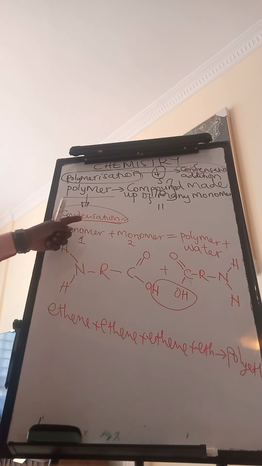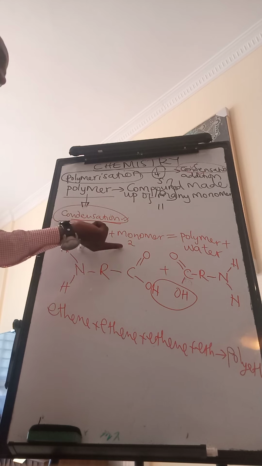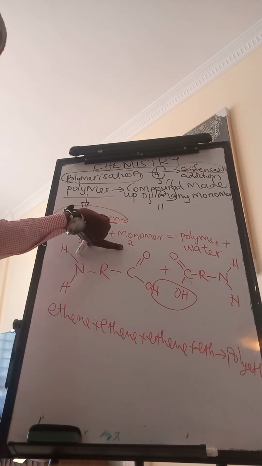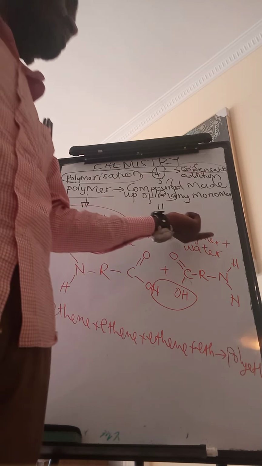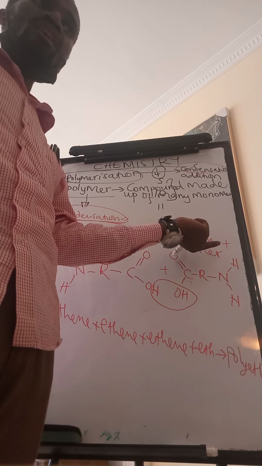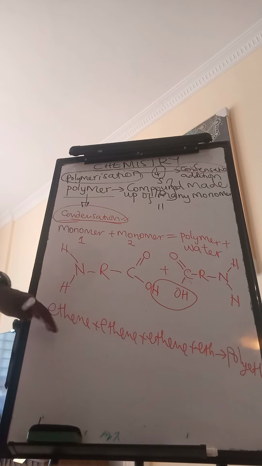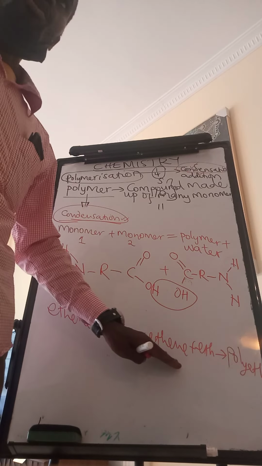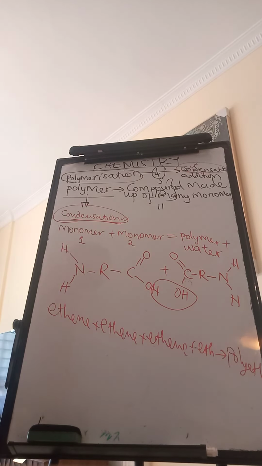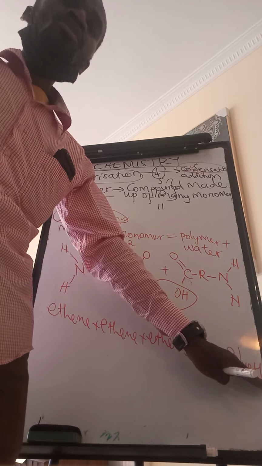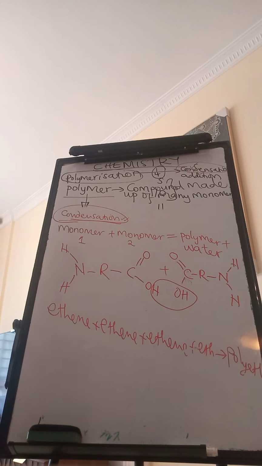So with condensation polymerization, two monomers can undergo condensation, and in that process, a polymer is given out and other molecules like water molecules. With addition polymerization, monomers of the same type undergo what we call an addition reaction, to form a polymer as the only product. Any question here? So that clearly gives us the difference between condensation polymerization and addition polymerization.